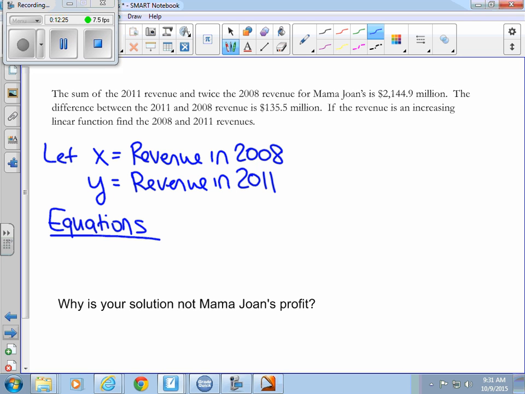Well, what do I know about the 2008 and the 2011 revenue? Okay, it's an increasing linear function. What else do we know? What's that first sentence say?